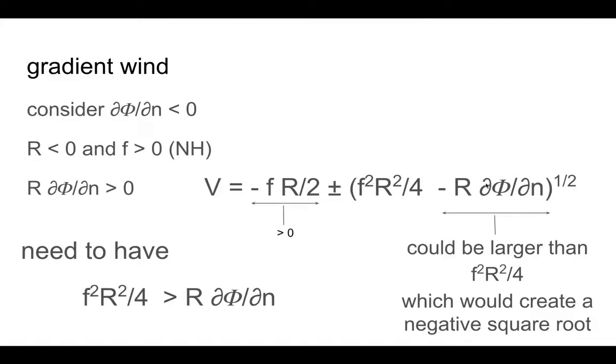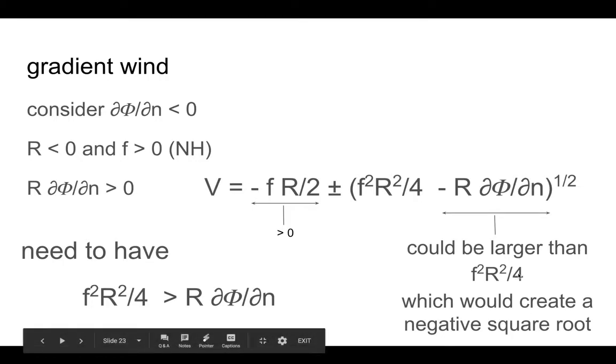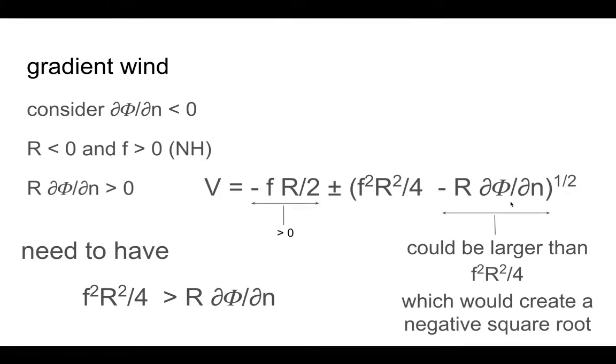And we could have a situation where this R d phi dn ends up being larger than f squared R squared over 4, and that would make this term inside the square root negative, which would give us an imaginary number, and that's not a physical situation.